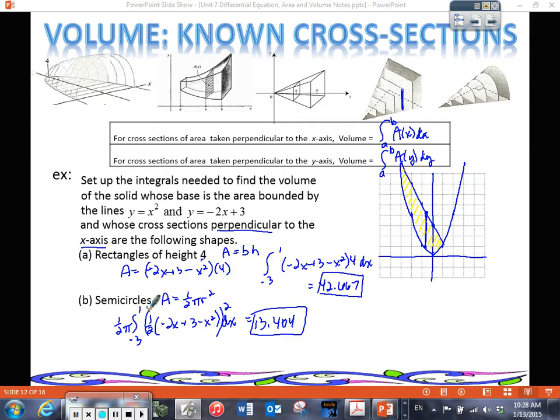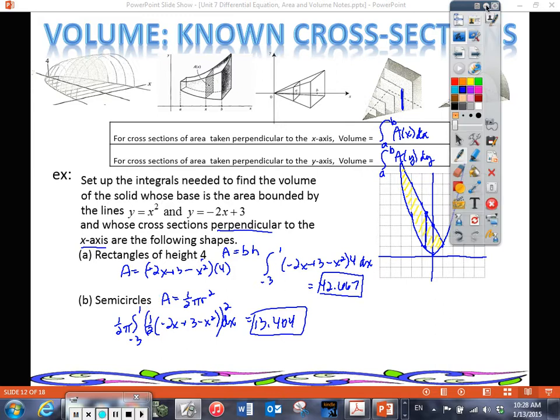As the base grows narrower, the semicircle goes lower. It's just a function of the way that they're formed. But that one, we're told it's a 4. It has to be the same all the time. Otherwise, it moves. Okay?